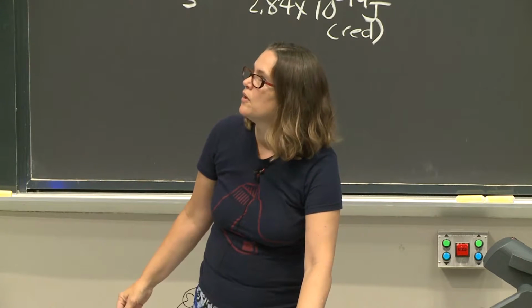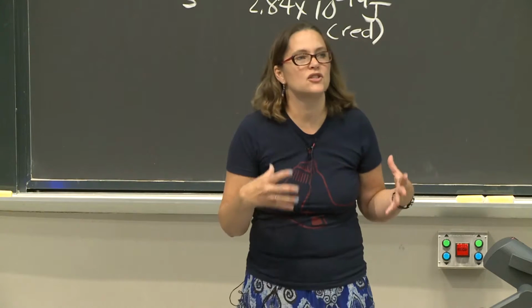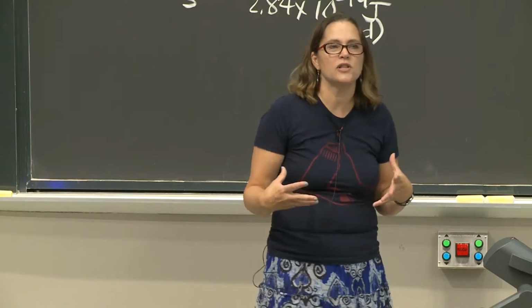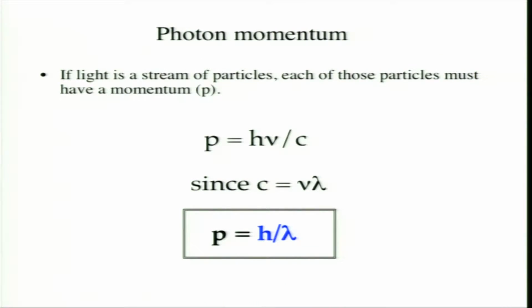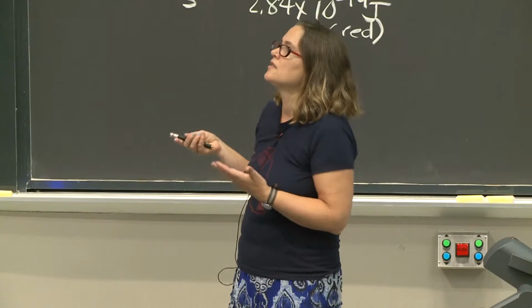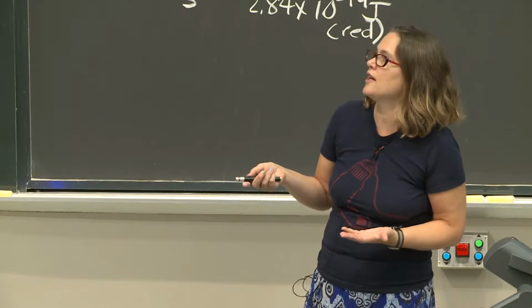All right, so now if this is true, that means that photons that have this quantized energy should have momentum as well. Einstein was thinking about that, and he reasoned that this had to be true. There had to be some kind of momentum associated with them.